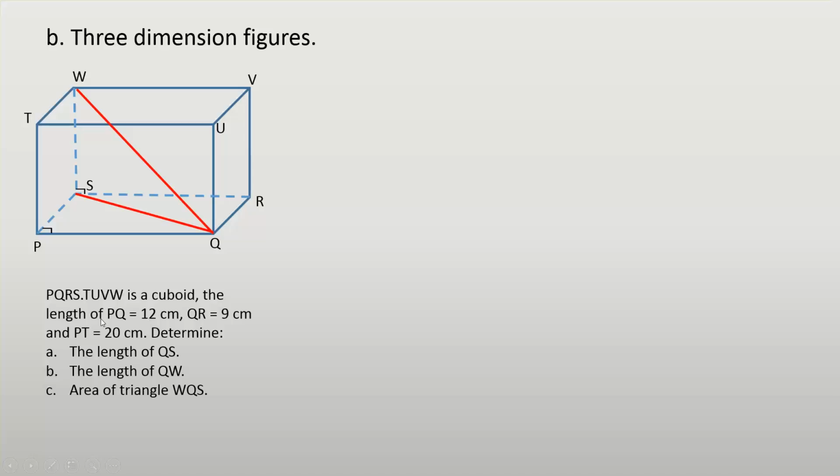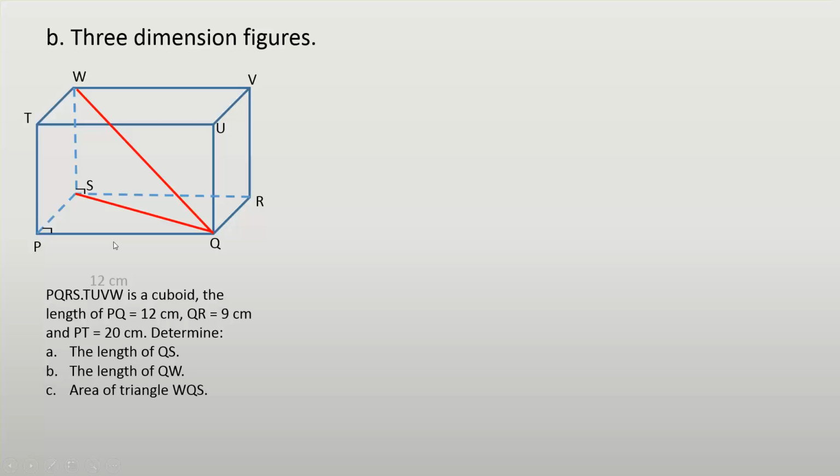The length of PQ is equal 12 centimeter, QR is equal 9 centimeter and PT is equal 20 centimeter. Determine the length of QS and then the length of QW and the area of triangle WQS.